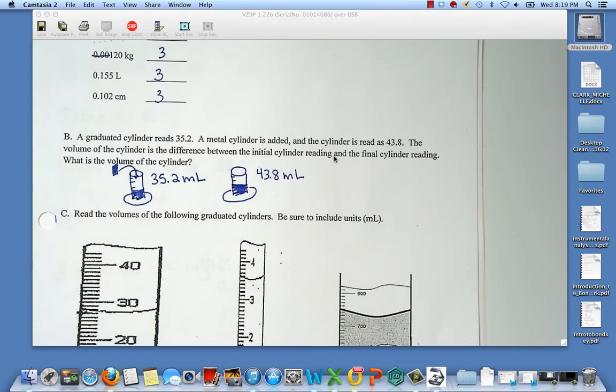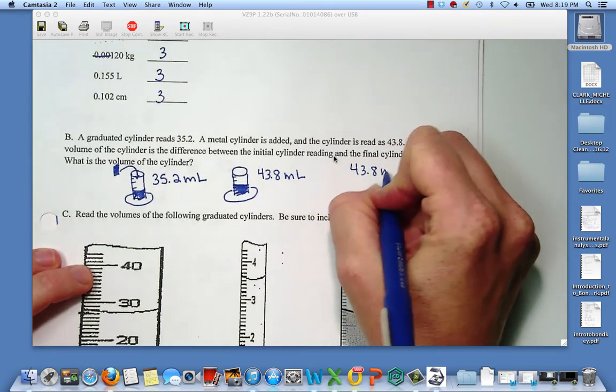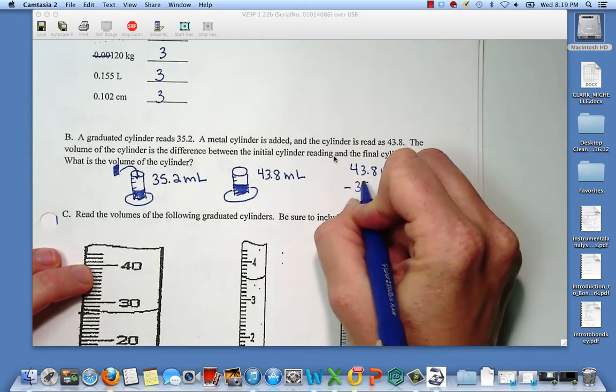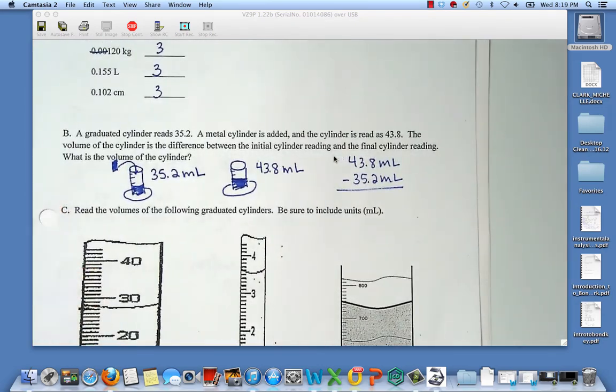What is the volume of the cylinder? How would you figure out what the volume of the cylinder was? So final volume minus the initial. Very good. So it would be 43.8 milliliters minus 35.2 milliliters. What do you come up with? 8.6.